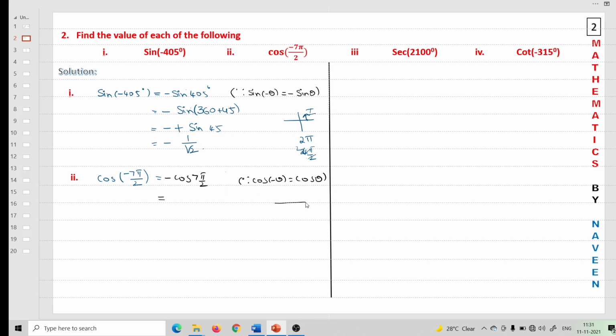Clear? So I am writing it as, first, sorry, here not minus, only plus. See, I am writing it as cos of 7 pi by 2 minus 0 or plus 0, whatever it may be, you can write. I am writing minus 0. So plus, right, is also correct only.